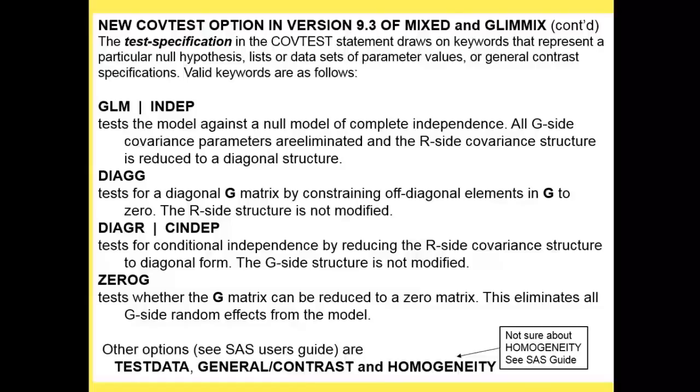Now, up until this came out, you couldn't even do that, okay? But that's one of several things, and I talked about some of the others. The diag-G option basically says, if I have an R matrix and a G matrix that I've specified in advance when I wrote my model statement, for example, if the G matrix is a 2x2 or 4x4 G matrix, which has variance components on the diagonal, but also covariance between various random effects on the off diagonals, the diag-G basically says that all those covariance parameters are zero.